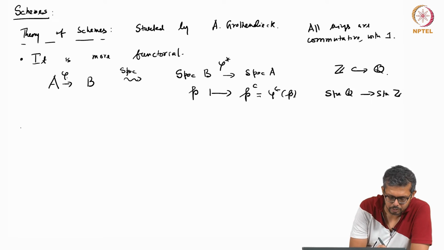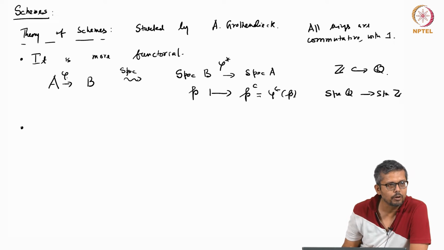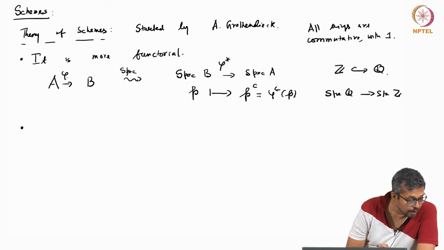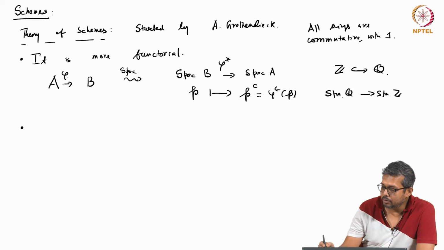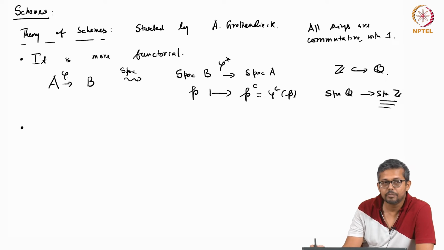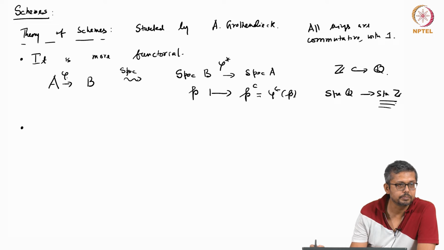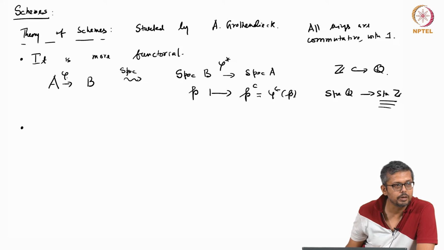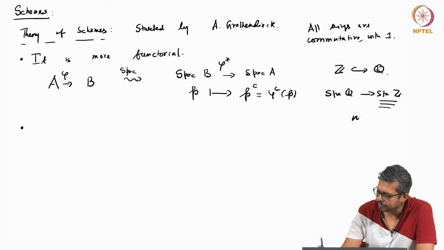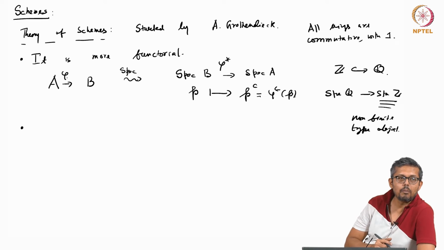So this is one reason to do schemes: it is more functorial. Another reason is that you can talk about Spec Z, but this is a non-finite type object.